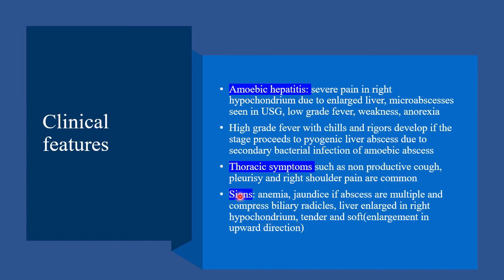Other signs include anemia, jaundice if the abscesses are multiple and cause compression of the biliary ductules, and liver enlargement in the right hypochondrium. Again, this liver tends to be tender, and the enlargement is in the direction of the diaphragm, okay, upwards.